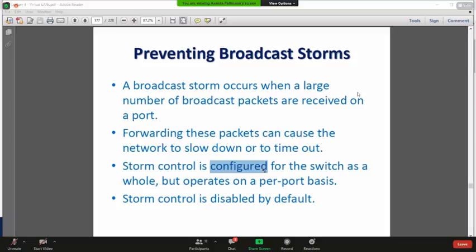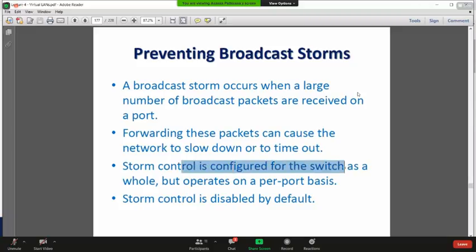Right? So here it is about how to control the storm.